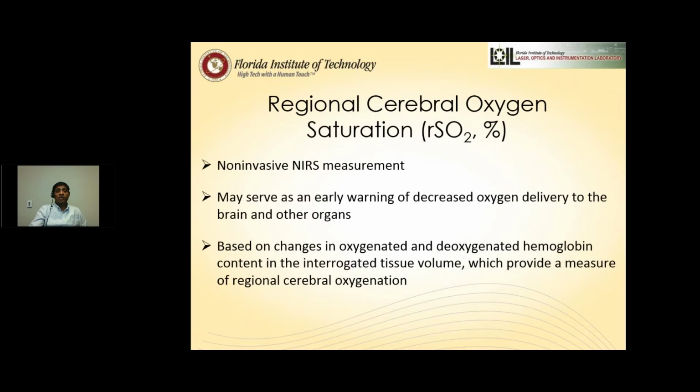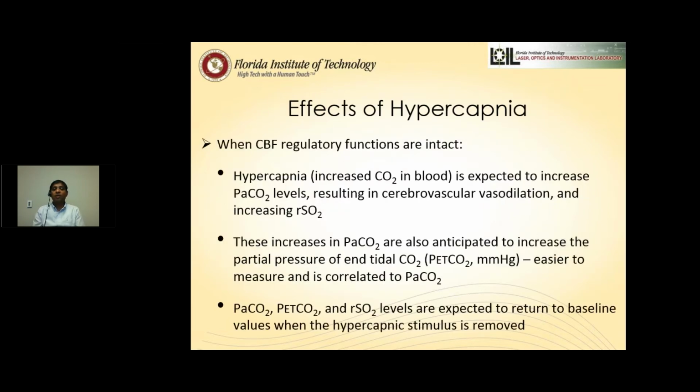So those are the parameters you look at. What NIRS measures at the end, as an end user, is what is known as regional cerebral oxygen saturation, which is rSO2. It is based, as I mentioned, on oxygenated and deoxygenated hemoglobin, and we can correlate that function to your brain activity. So what we'll be really measuring is rSO2, the regional oxygen saturation values.